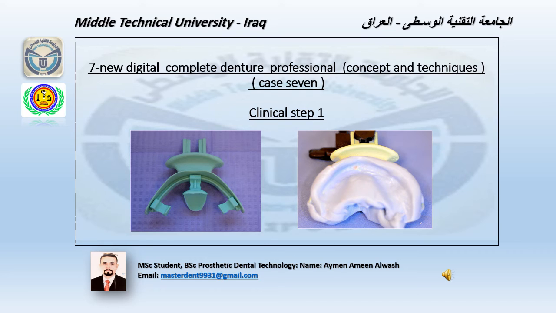After that, we apply the impression material such as silicone or alginate impression material on the tissue surface of the upper and lower centric tray, and ask the patient to close his mouth slowly and swallow. This swallowing will prevent protrusion of the lower jaw, and we will record the centric tray in the proper position.